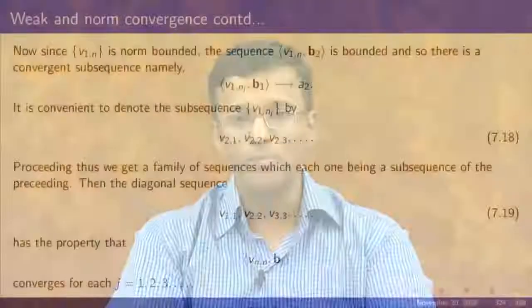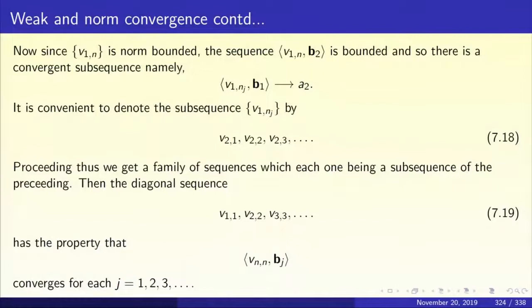V11, V12, V13, etc. V21, V22, V23, etc. V31, V32, V33, etc. Look at the diagonal sequence V11, V22, V33. The diagonal sequence will be a subsequence of all of them. The diagonal sequence will have the property that Vnn dot product with Bj will converge for every j, and its limit will be Aj by our notation.